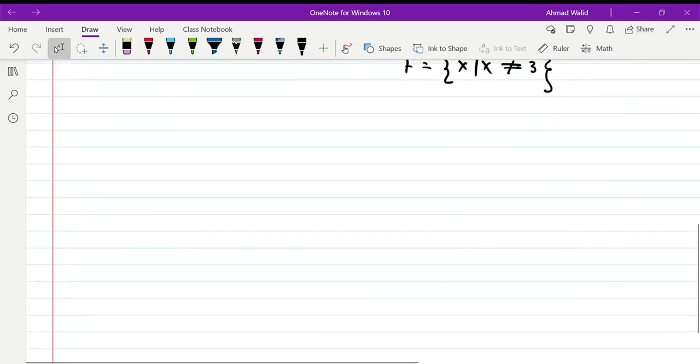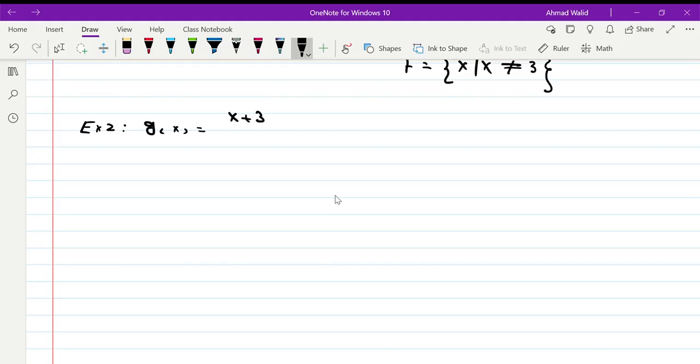Let's take another example. Example number 2. F of x or g of x. Let's change the name. Not all the time f of x. X plus 3 over x squared plus 9. What is the domain of this function?